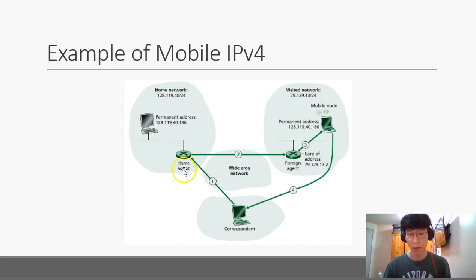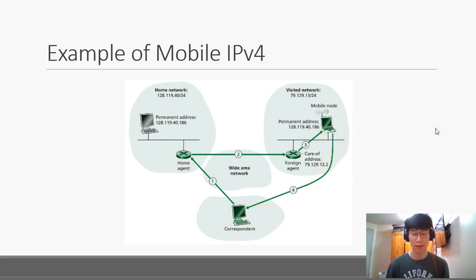Then the home agent will contact the foreign agent that manages the foreign network that you're currently located in. Then this foreign agent will give you a temporary address, which is the care-of address. And then the foreign agent will give the address back to the home agent, then the home agent will give that data to the client node. Then finally, you guys can contact each other.